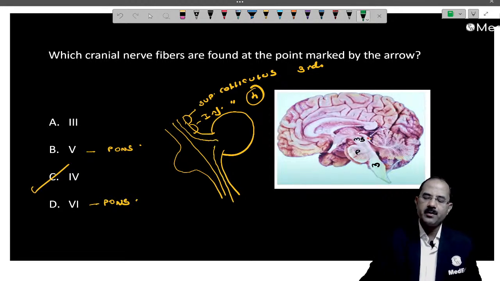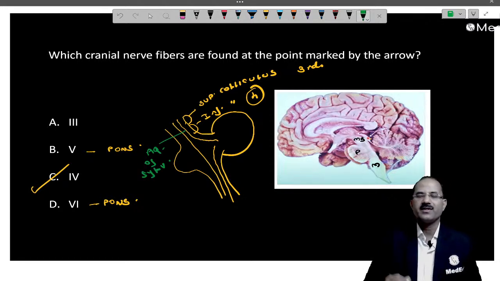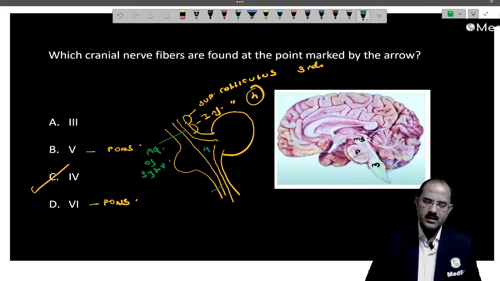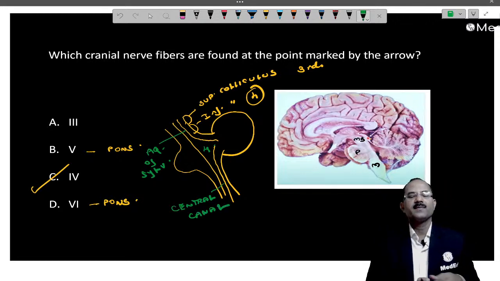This cavity in the midbrain is known as what? Aqueduct of Sylvius. What is this? That's the fourth ventricle. And what's this? Central canal. Perfect, students. Come on, let us proceed.